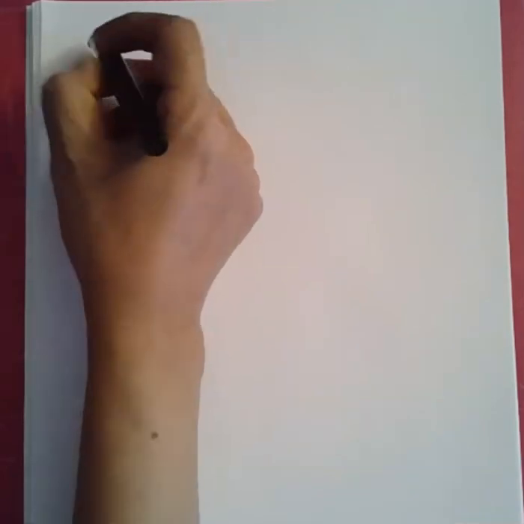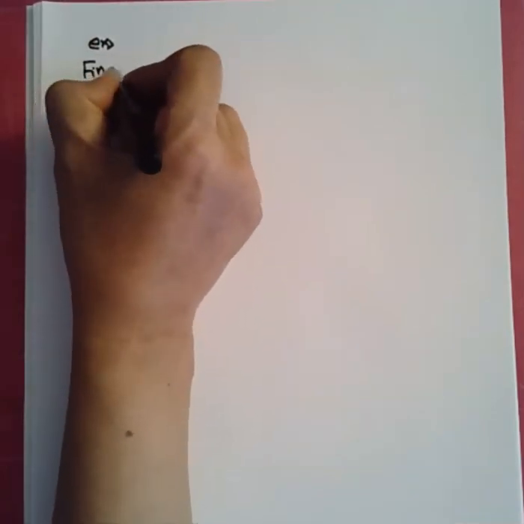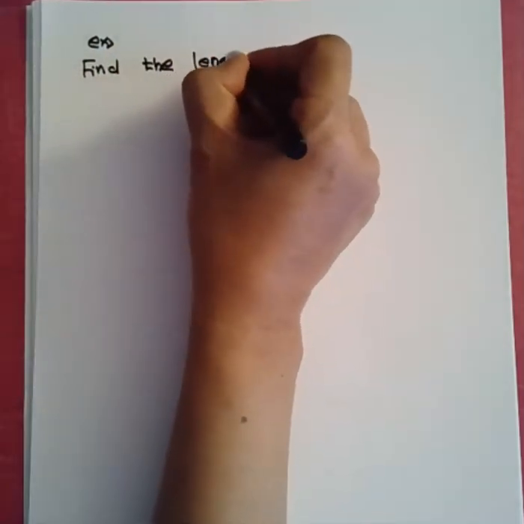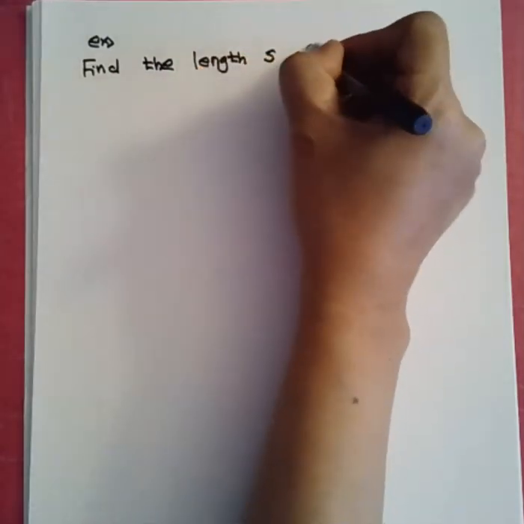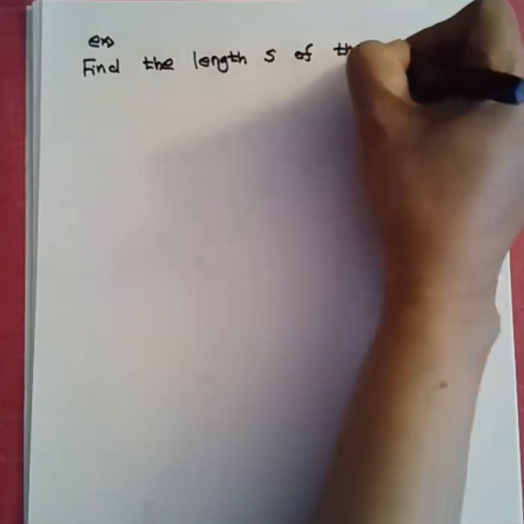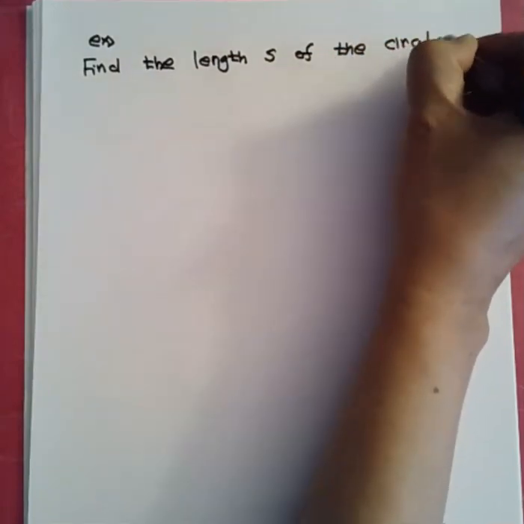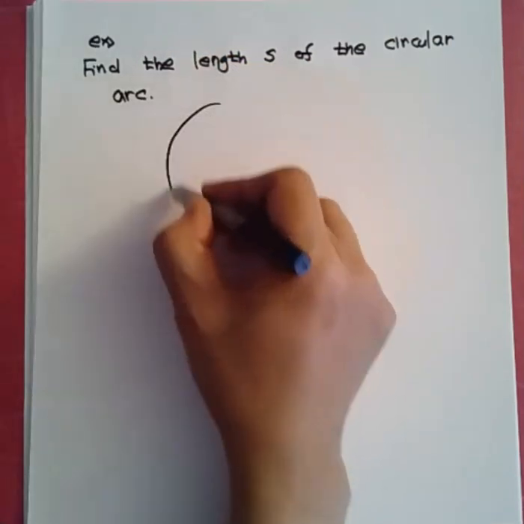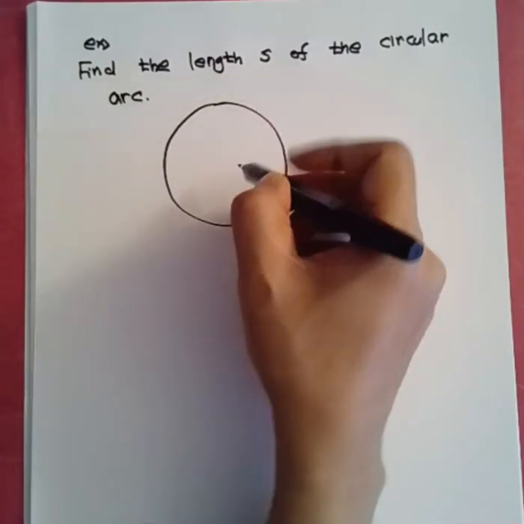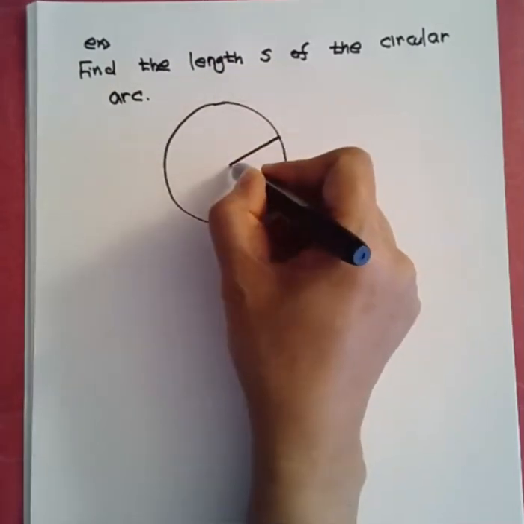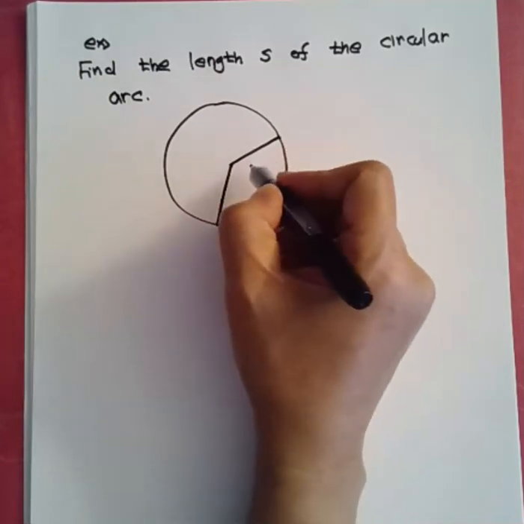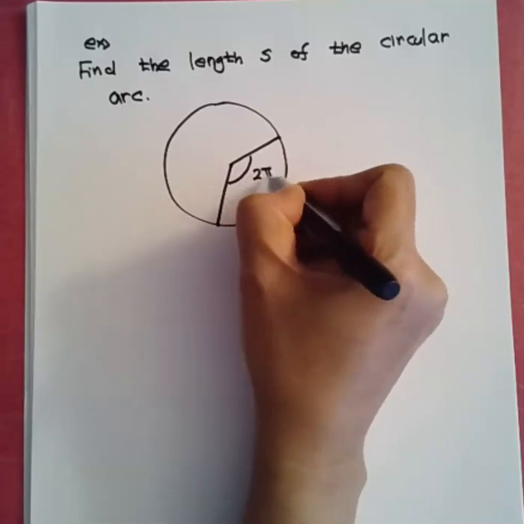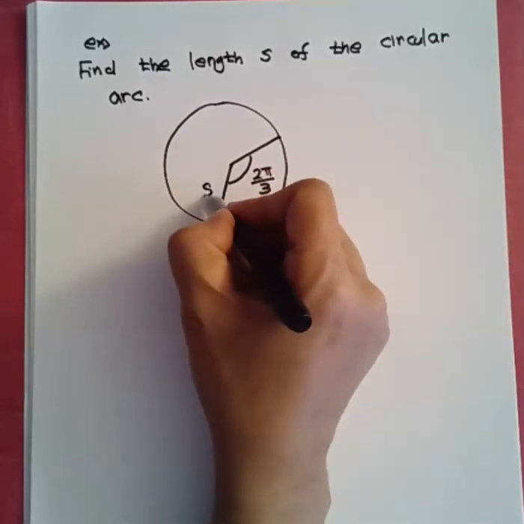Let's do an example. Find the length S of the circular arc. Let's say this angle is 2 pi over 3 and radius is 8.